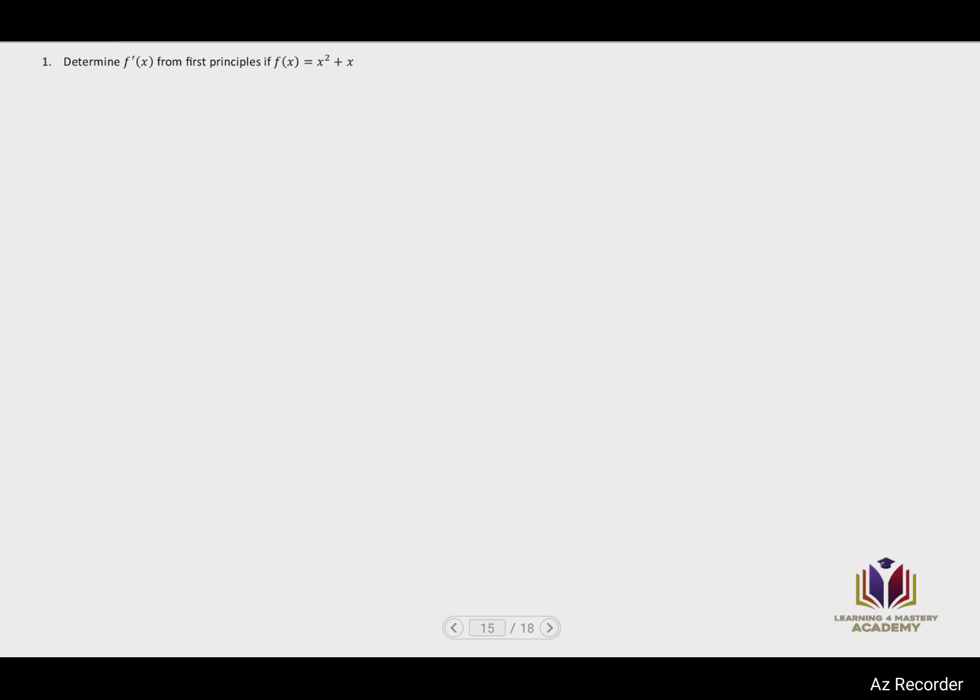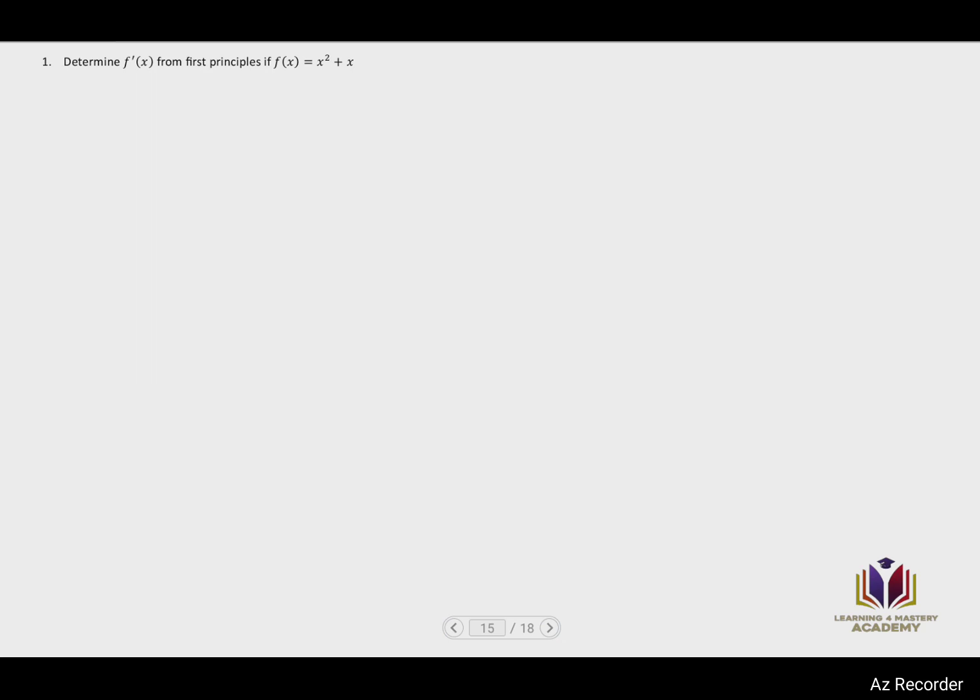So first principle, one of the oldest differentiation methods. And then the standard one that you know, multiplying the exponent with the coefficient, that came later on. That is one of the easiest methods you will ever have to use in maths, generally speaking, in paper 1.